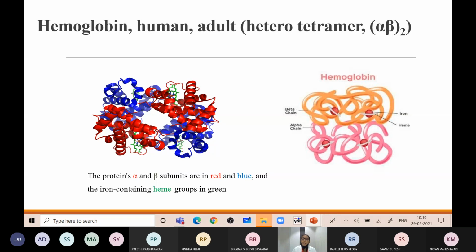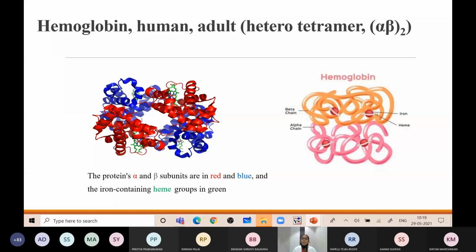Okay, so oxygenation means it is loosely, temporarily and reversibly attached so that it can be easily released at the level of the tissues. Whenever we require oxygen, it should be easily released from the hemoglobin. Hence it is called oxygenation, not oxidation.